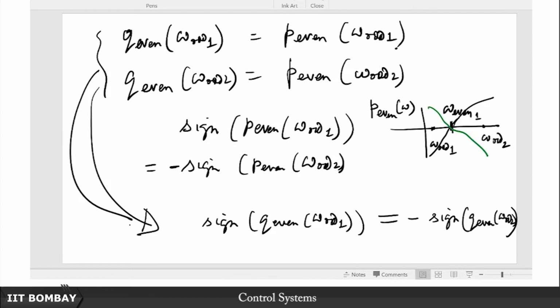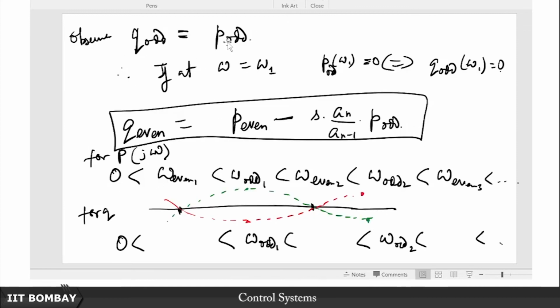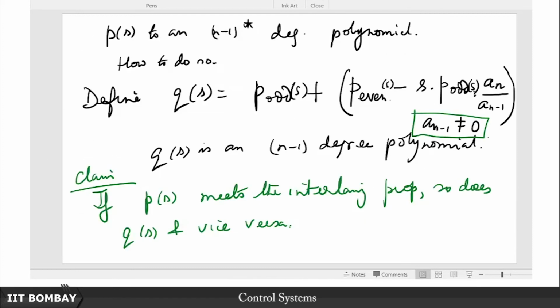So what does that tell us? That tells us that between two roots of the odd part of Q, because remember the odd part of Q and the odd part of P are the same, whatever is a root for the odd part of P is a root for the odd part of Q, because of our clever way of choosing this reduction technique of the degree. So the odd part of Q is the same as the odd part of P, retained.